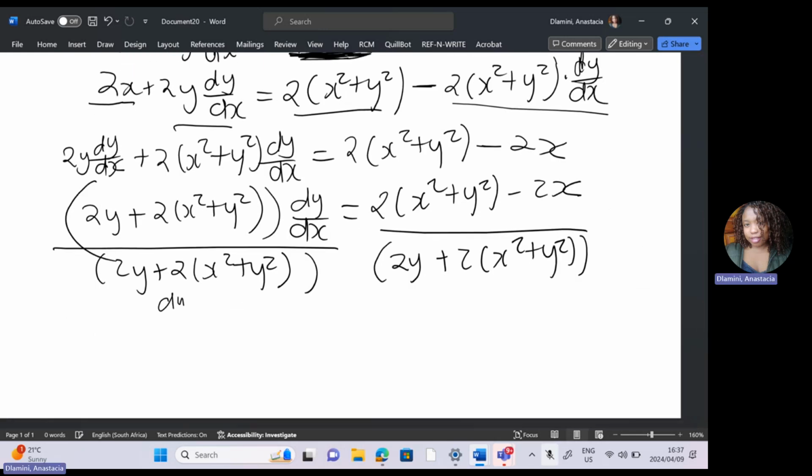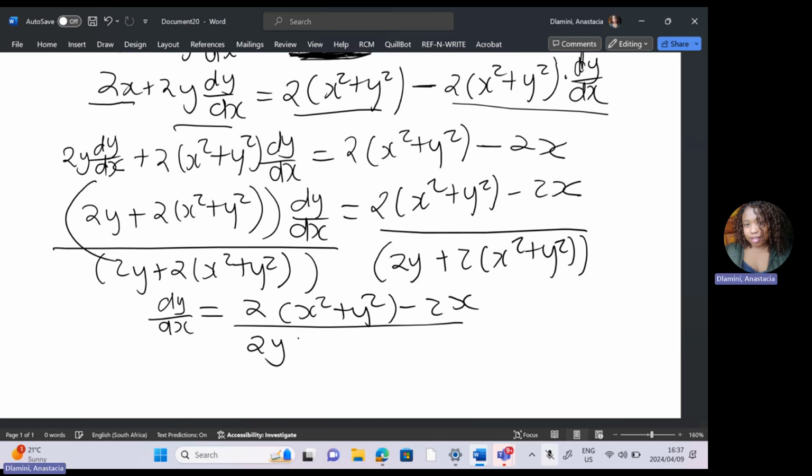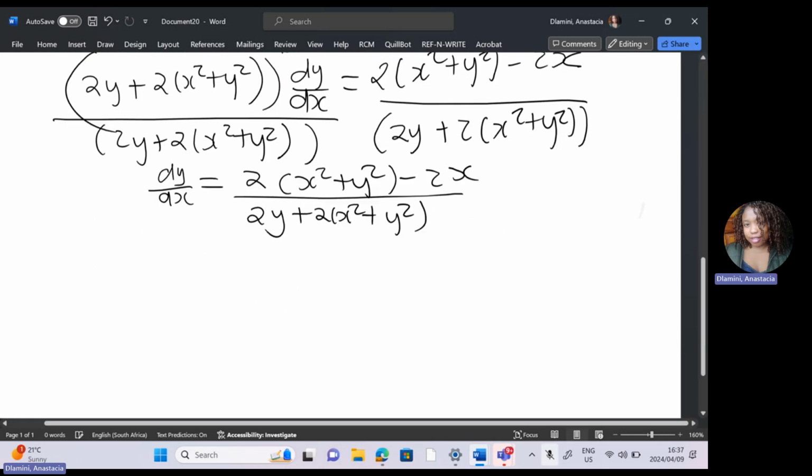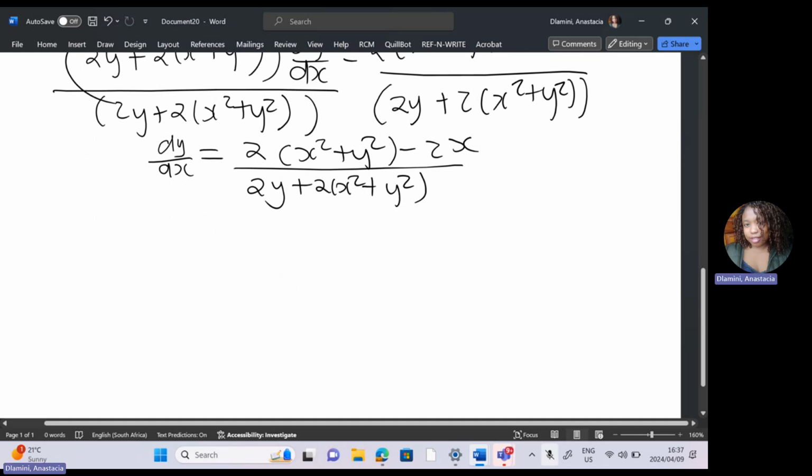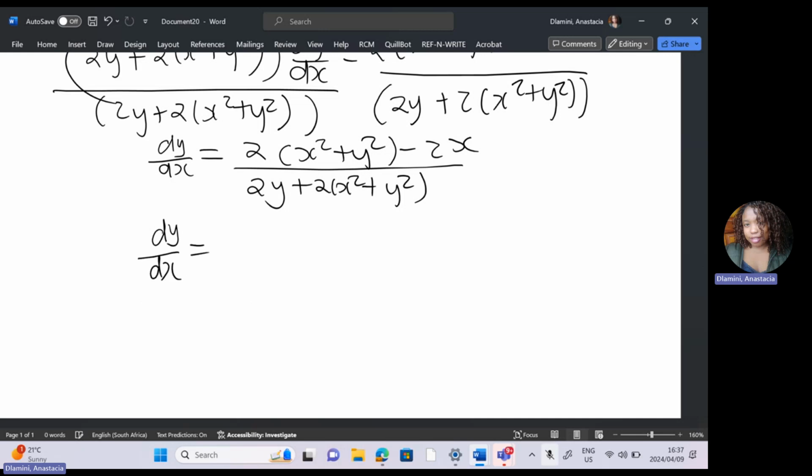So then you have that dy over dx is equals to 2(x squared plus y squared) minus 2x over 2y plus 2(x squared plus y squared). Now you'll notice that here we have a 2 in both numerator and denominator that we can factor out, and then it will cancel or form a 1. So let's factor out 2 from the numerator, meaning that we remain with x squared plus y squared minus x.